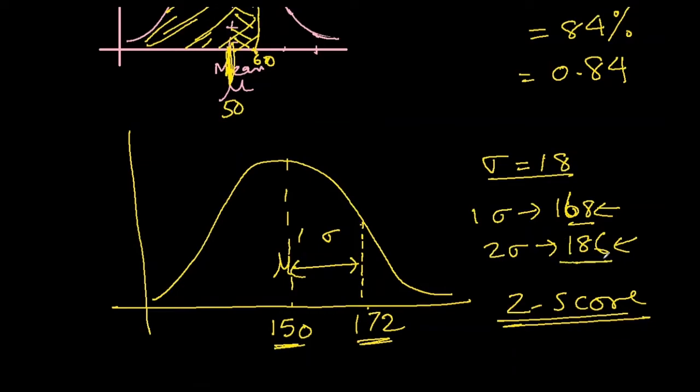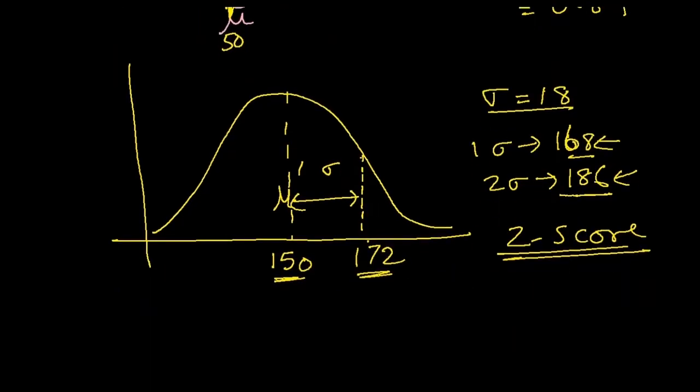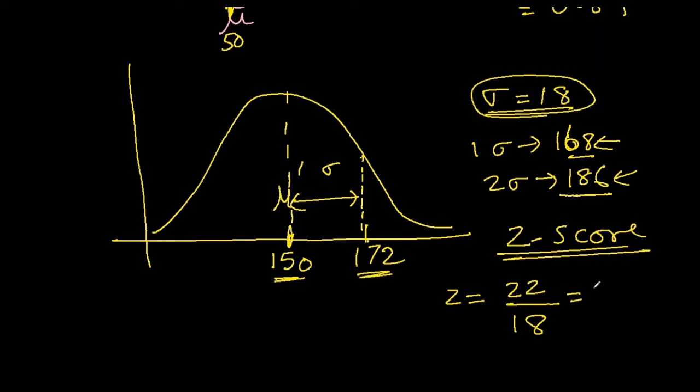So how many standard deviations? To find that, we find the z-score, which is the difference between 150 and 172, which is 22. We divide it by the standard deviation, which is 18 in this case, and this becomes our z-score. In decimals, whatever it gives us, 1.22. This is our z-score.